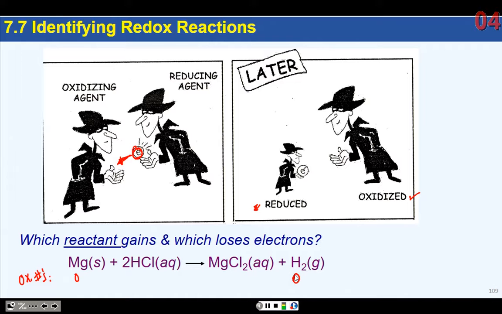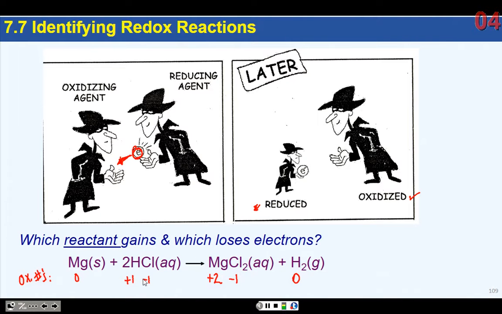And without going any further, let's look at the magnesium in the product. Magnesium is now in an ionic compound, magnesium chloride, and so its oxidation number is +2. The chloride ion is going to be -1. And if we go back and fill in on the reactant side, it still works because chloride in HCl should be -1. And hydrogen should be +1.